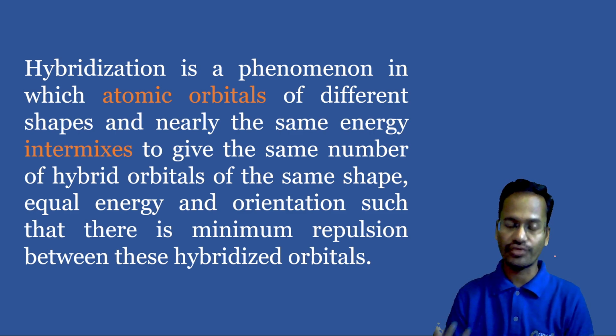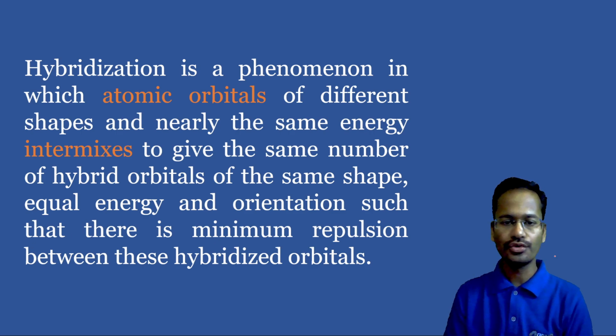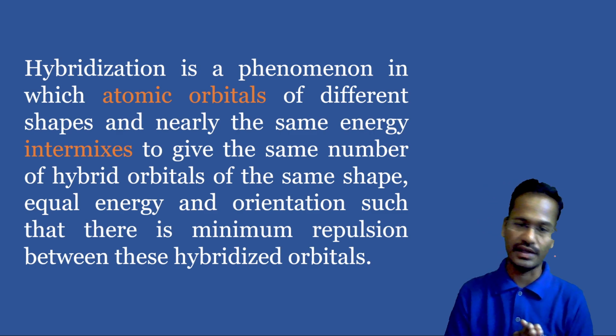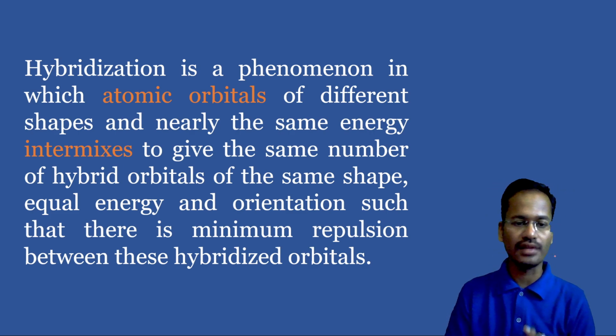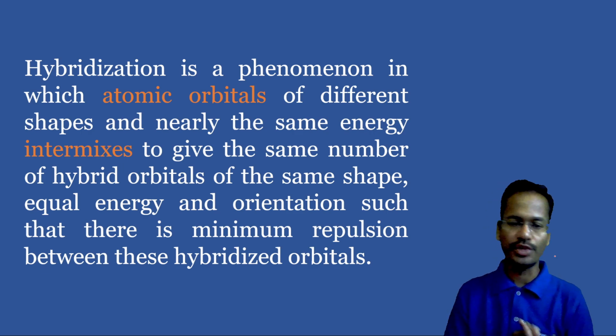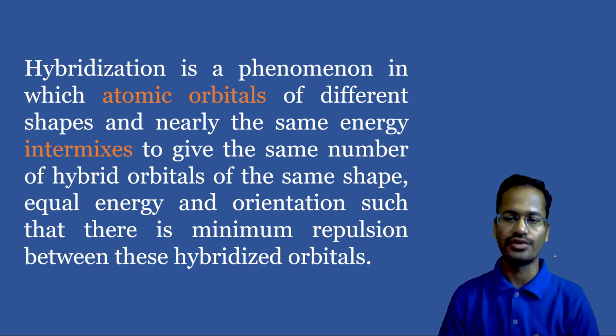This is the definition of hybridization. Let me read it out. Hybridization is a phenomenon in which atomic orbitals of different shapes and nearly the same energy intermix to give the same number of hybrid orbitals of the same shape and equal energy, and the orientation of such hybridized orbitals is such that there is minimum repulsion between them, so that the energy will be minimized and stability will be increased.